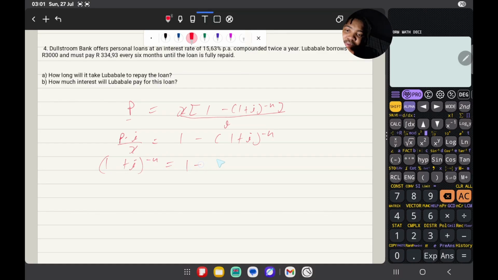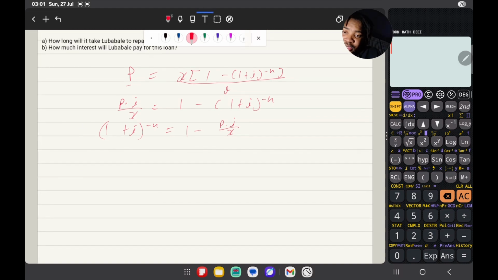Then you have 1 minus Pi over x, right? And then from here you can say minus n is going to be log base 1 plus i of 1 minus Pi over x. So this is just me trying to make minus n the subject of the formula, and I'm using these because you guys have already done logs, so you know the rules of logs, right?